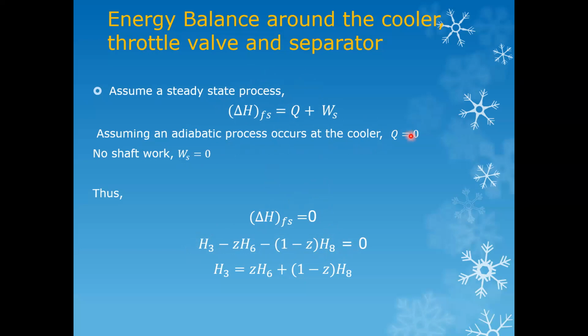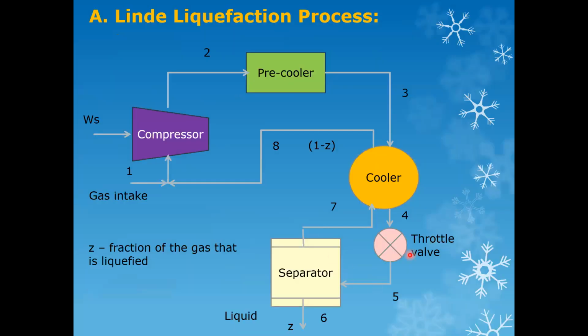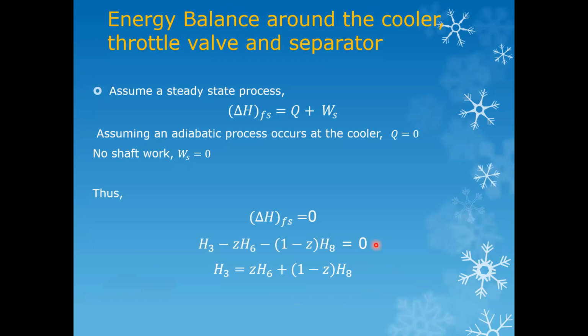We assume Q equal to 0 and there's no shaft work, therefore delta H is 0. Then we express delta H in terms of enthalpies, considering the mass fractions. By the way, the numbering here is based on the figure right here, so use this figure for this equation.